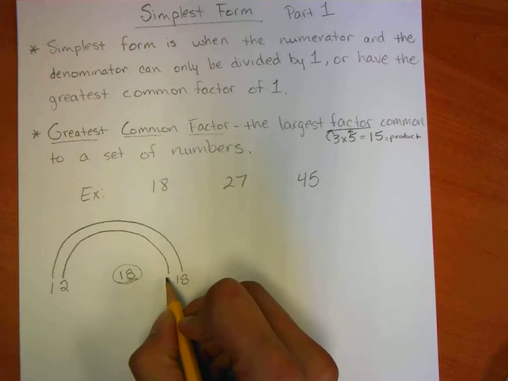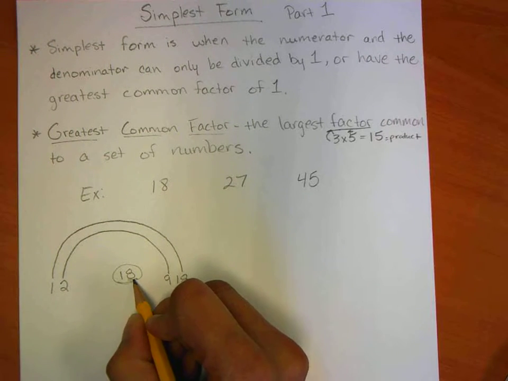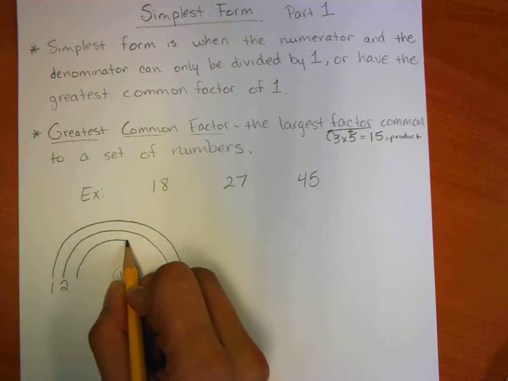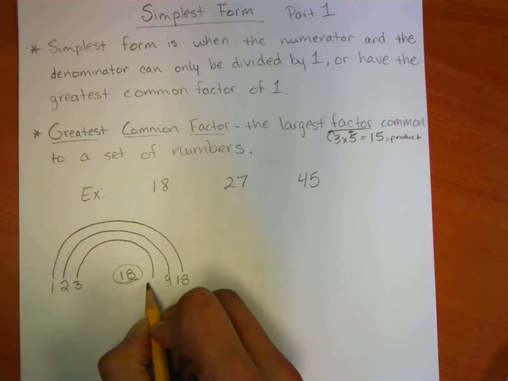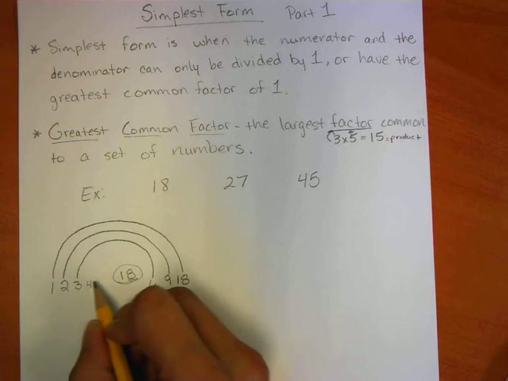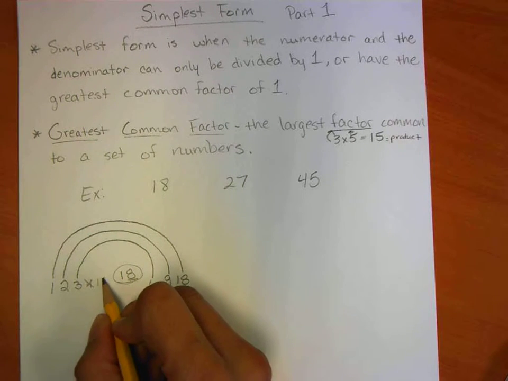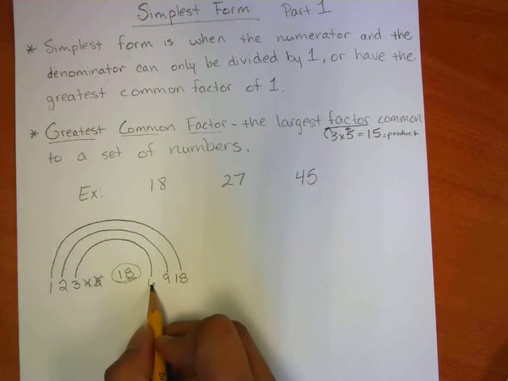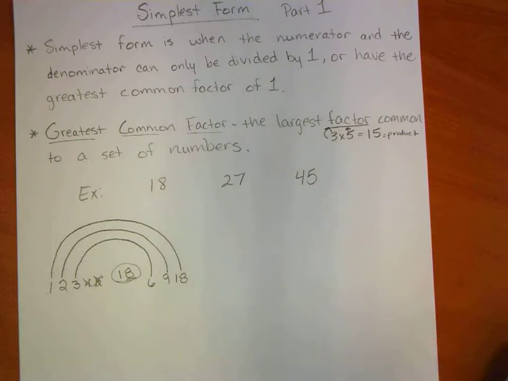So I know that 2 times 9 will get me to 18. I also know my multiples of 3, so I know that 3 times 6 gets me to 18. However, 4 will not get me to 18, and neither will 5. So these are all of the factors needed to make up 18.